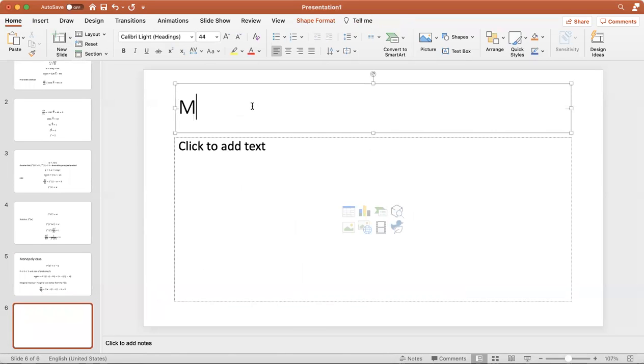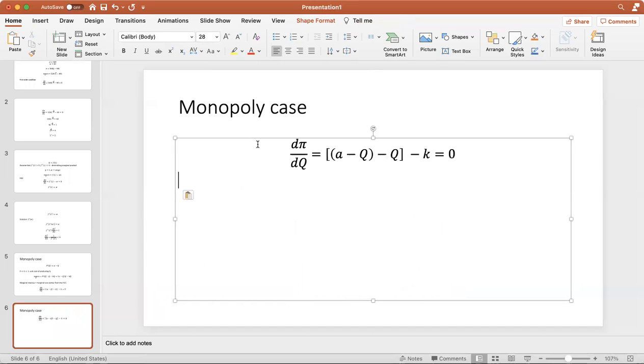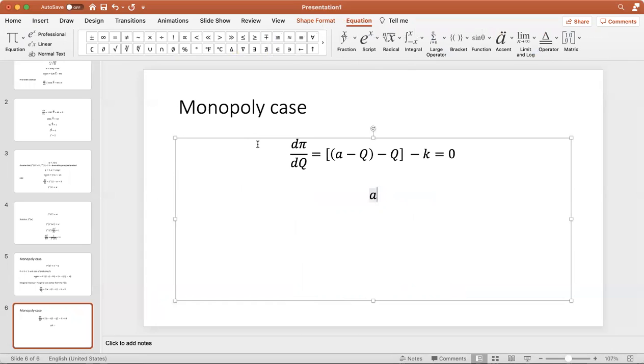It's the monopoly. So you have A minus 2Q, not surprising, A minus 2Q equals K, and we'll now have to solve for Q star.